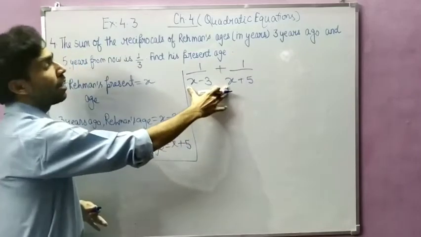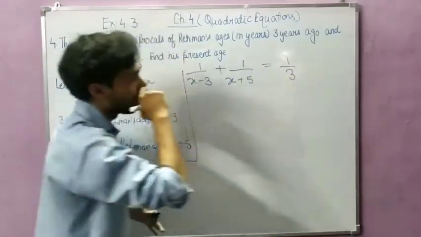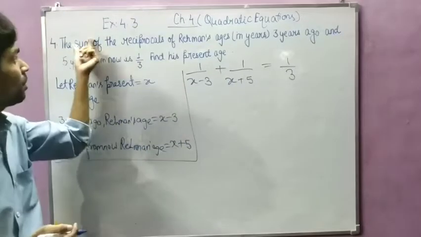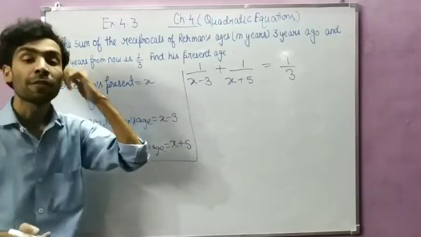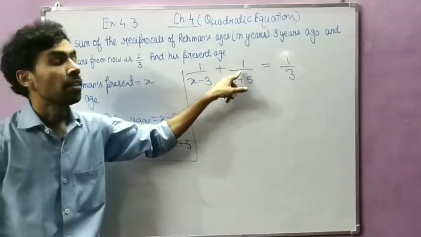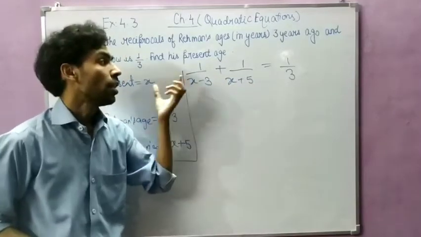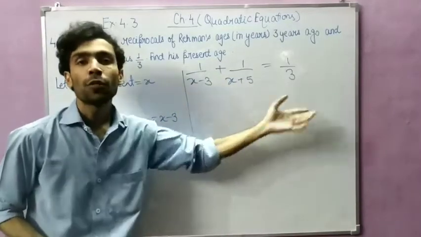And when we add both, that will equal 1 upon 3. Because the sum of the reciprocals of Rahman's age 3 years ago, 1 upon x minus 3, plus 1 upon x plus 5, when both are added, will be equal to 1 by 3.